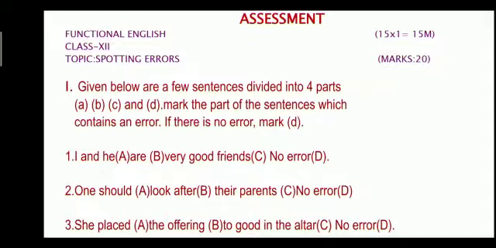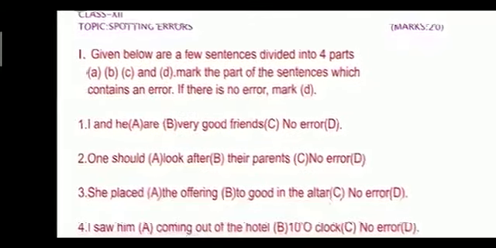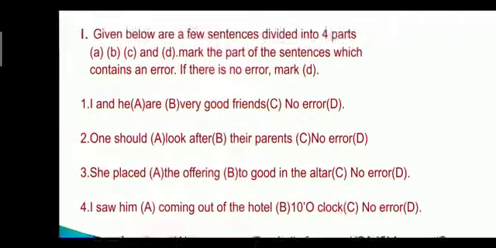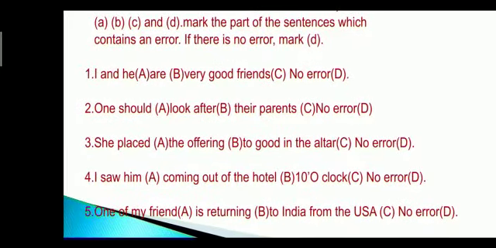If there is no error, mark D. First question: I and he are very good friends. Second: one should look after their parents. Third: she placed the offering to god in the altar. Fourth: I saw him coming out of the hotel 10 o'clock.